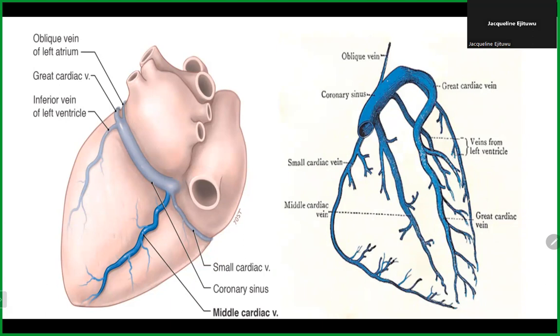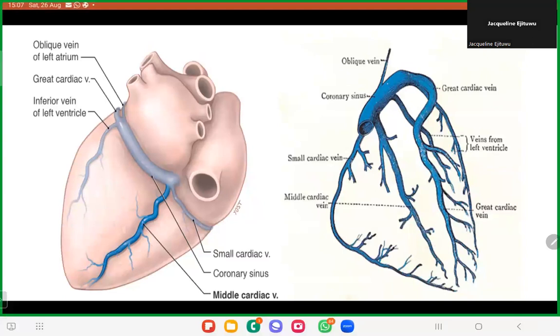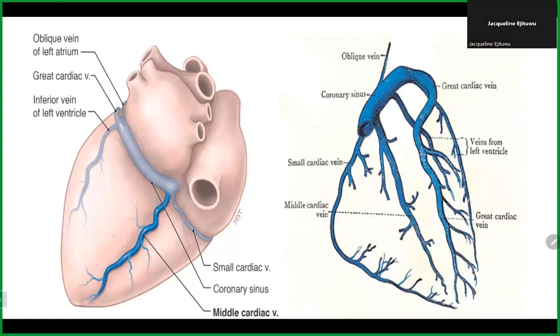So we also have smaller veins which run across the left atrium. And then we have smaller cardiac veins that are known as the Thebesian veins, which drain into the myocardium itself without emptying into the coronary sinus. So basically this is the venous drainage of the myocardium.